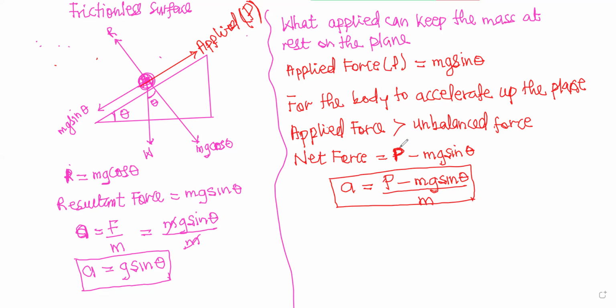Let's look at the question that was put on the platform. A body of mass 5 kilogram is placed on a smooth plane that is inclined to the horizontal at an angle of 30 degrees. A lot of you tried and your answers were forwarded to me.